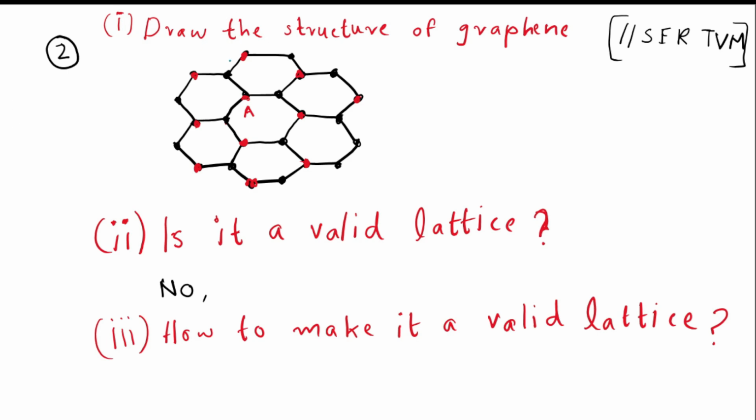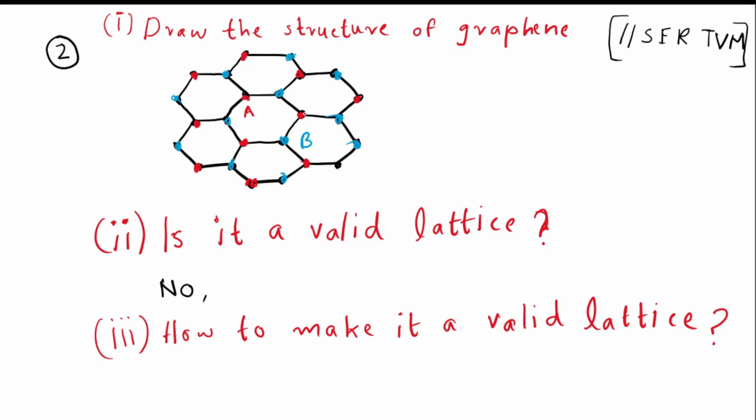and the other one is this one. So this is B. Now when we are only considering the A sublattice, these points, then it is a valid lattice. Let's check that. So if we are considering this point, at some distance north of this point, there is one point.